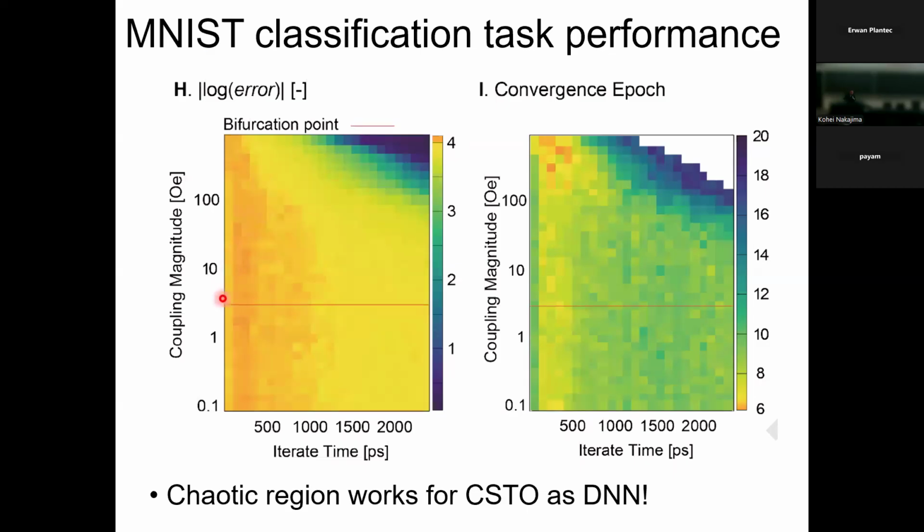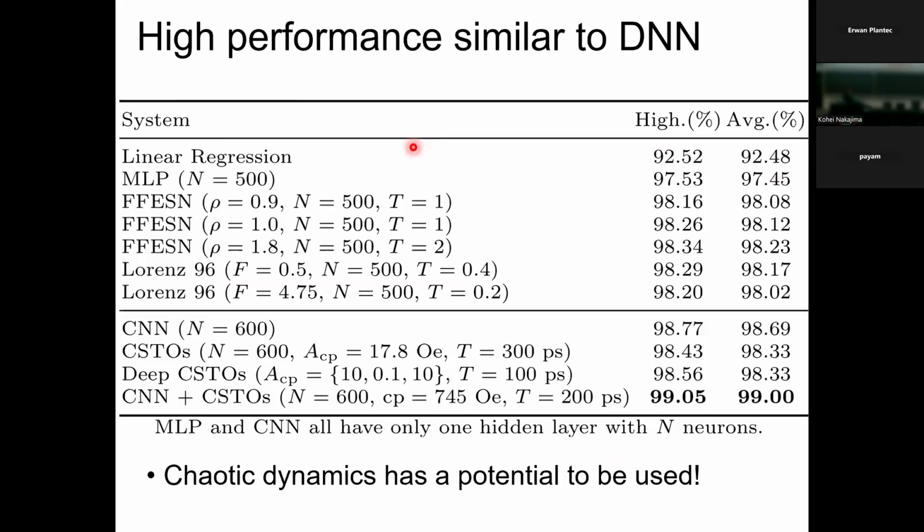Yes, and if the coupling magnitude was too strong, then in some region, this is also related to the Lyapunov time, we think, but we are not measuring that right now, there is some region that does not work. And we can use this architecture by combining it with conventional work, like we prepared a one-layer convolution layer, and then assembled it with this coupled STO having chaotic dynamics.